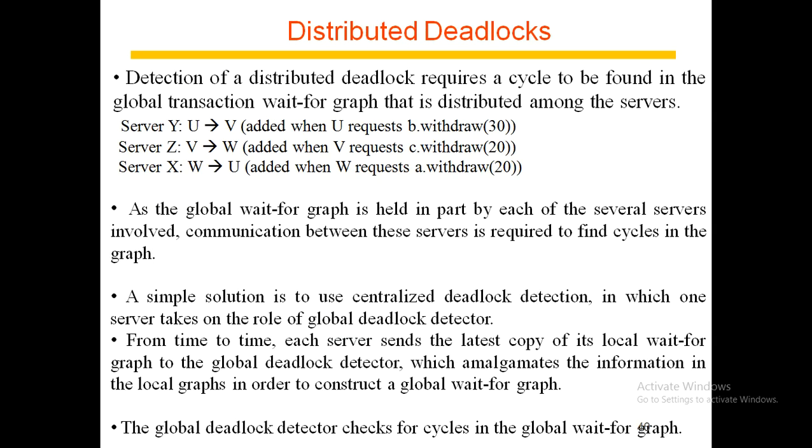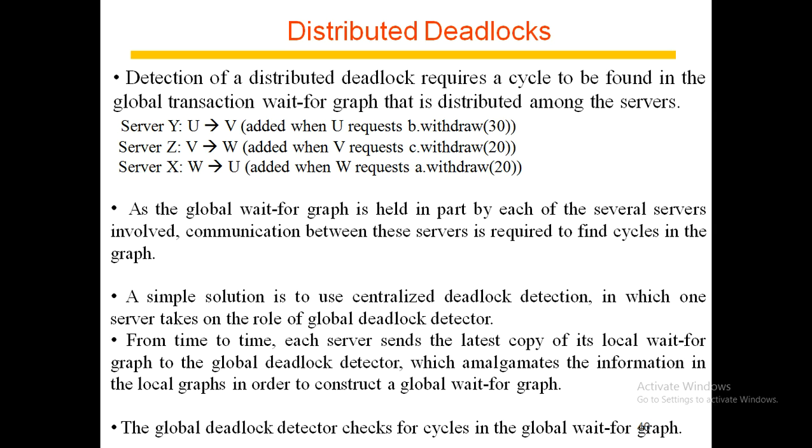Detection of a distributed deadlock requires a cycle to be found in the global transaction wait-for graph that is distributed among the servers that were involved in the transactions. Local wait-for graphs can be built by the local manager at each server. In the above example, the local wait-for graphs are as follows.